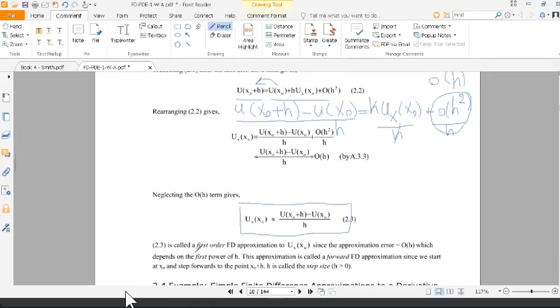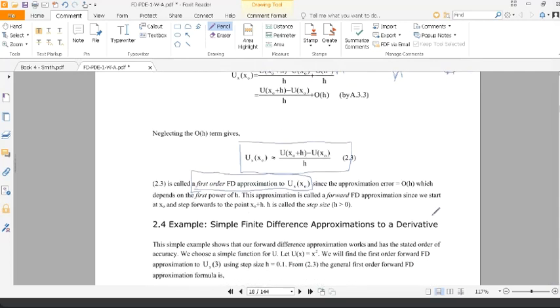It's called the first order finite difference approximation to u_x at x0. It's a first order approximation for the first derivative of u. Is it okay for you? Okay.